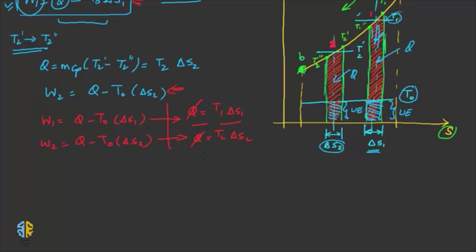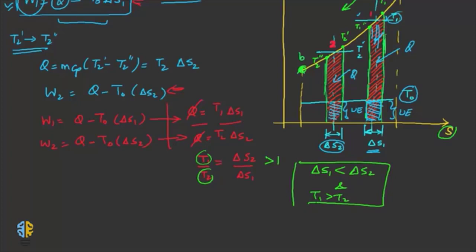So you will have T1 by T2 is equal to delta S2 upon delta S1, which is a value which is more than 1, because we know T1 is higher than T2. This means that delta S1 is less than delta S2 and T1 is greater than T2. So these two things are very, very important.